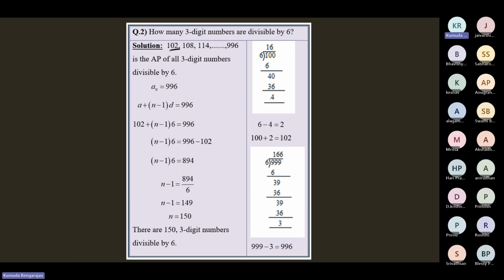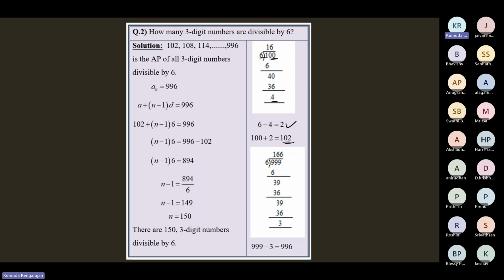So 102. You can see this division here. This division is what you'll have to perform first. So this is the rough column. Perform the division: take the smallest 3-digit number, take the largest 3-digit number, and divide both numbers by 6. And here you'll have to subtract 6 minus 4, 2, and add that to the dividend, 100. 6 minus 4 is 2, and you add 2 to 100, 102.